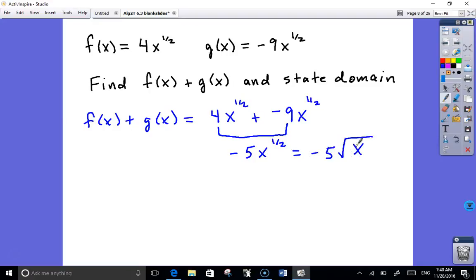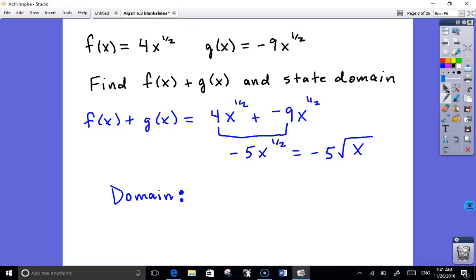Okay, now what's the domain of that? Is -1 in the domain? Can you plug in -1 for x? No, you can't, right? How about -4? What about -9? What about any negative number? No, right? How about 0? Can you plug in 0?